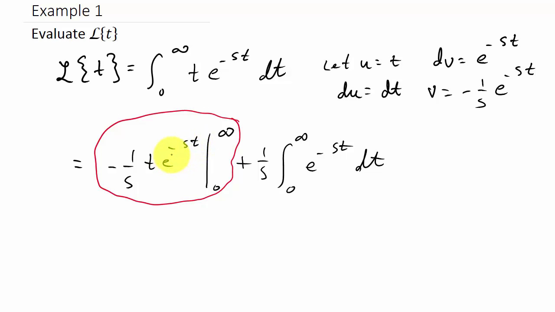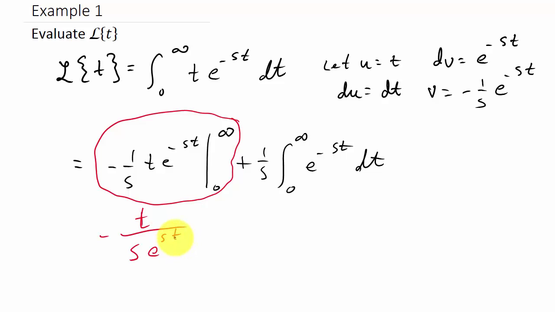So this is negative 1 over s, t e to the negative st. If I rewrite this as negative 1 over, well, actually we would keep the t up in the numerator, s times e to the positive st, you can see as t goes to infinity, the numerator goes to infinity and the denominator goes to infinity.